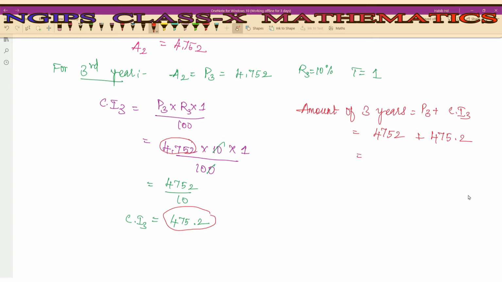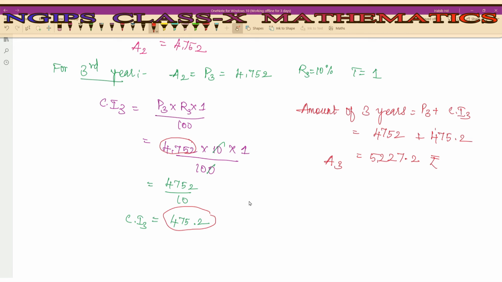So 2 plus 5 is 7, 7 plus 5 is 12, remainder 1; 4, 5. 5 plus 7 is 12, remainder 1, 5. So 5227.2. This is the amount. So the third year amount is 5227.2 rupees.